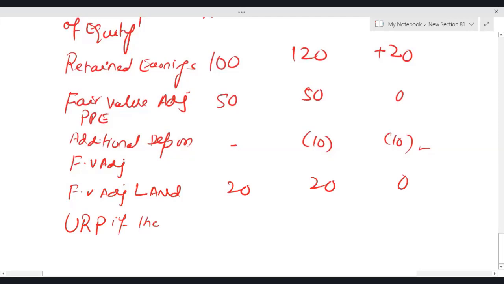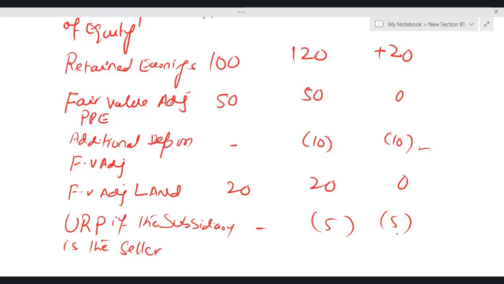If the subsidiary is the seller, you will deduct this from here, assuming it is 5. Repeat, unrealized profit could be on a stock, unrealized profit could be on machinery, but please, it will only be deducted if subsidiary is the seller. That is very important.